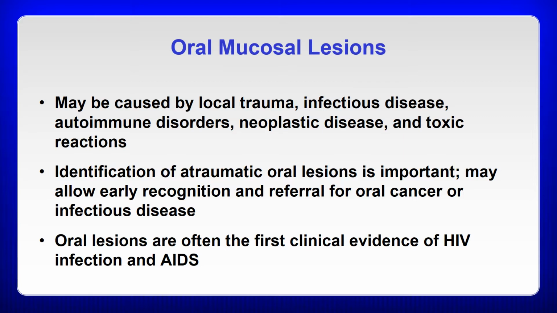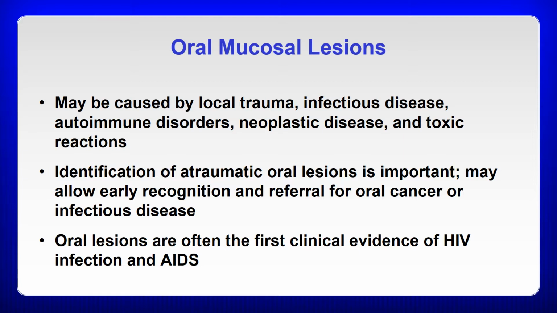Look at the differential diagnoses for some of the different types of oral mucosal lesions, so pay close attention to them. Early identification is very important because, if they are caused, for instance, by cancer, early treatment is going to be very important.